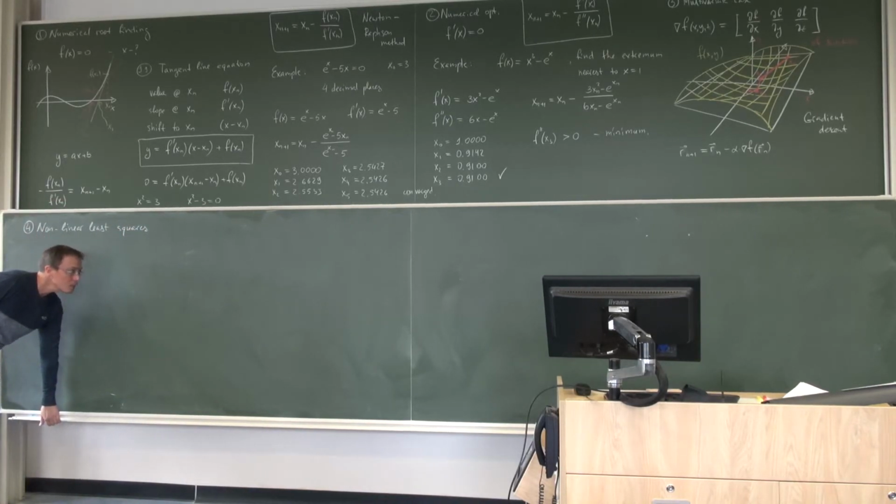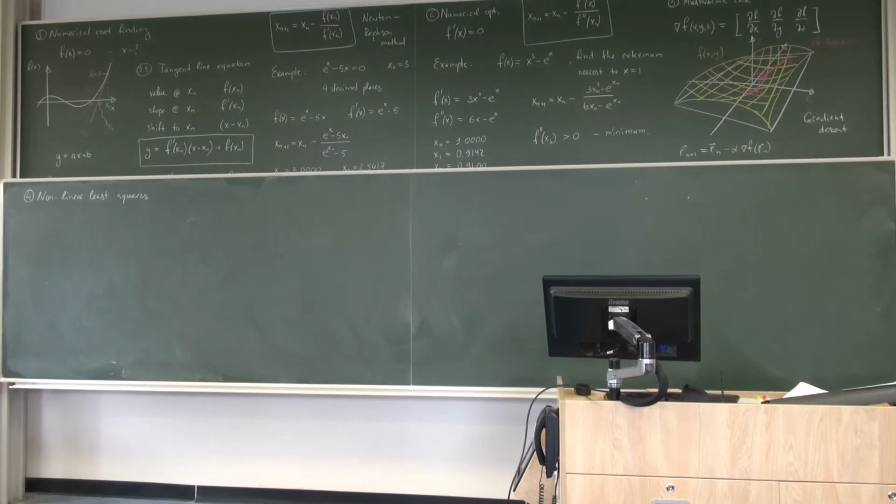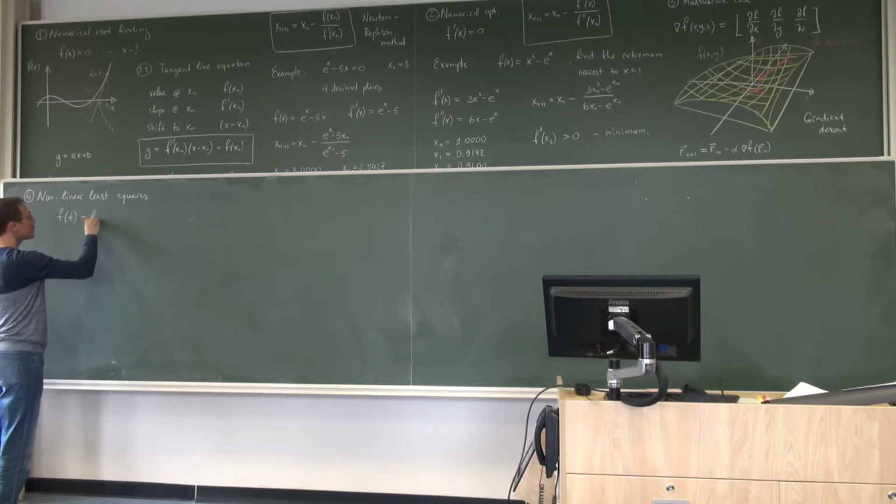Let us again imagine a function that is either so complicated as to not be linearizable, or is not even given to us in any analytical form. Again, it is perhaps an output of some instrument. So f(t), which is only available as a value, right? So limited information.